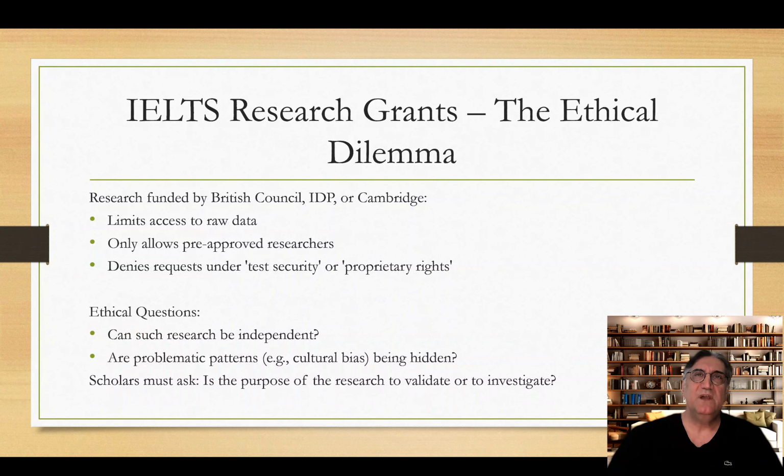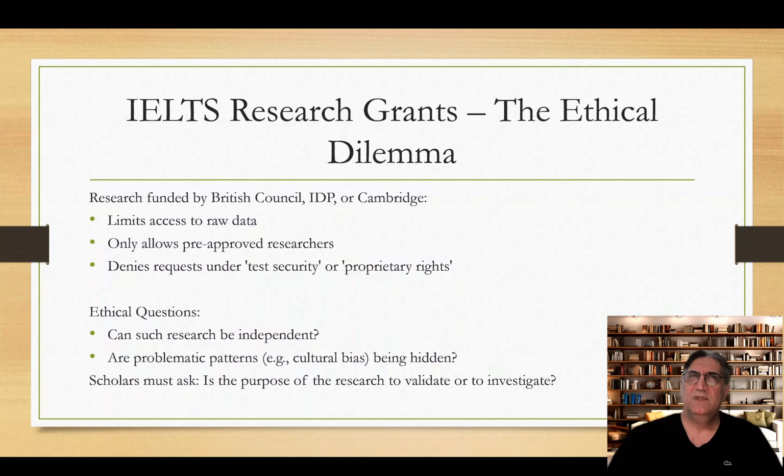Let's zoom in on research funded by British Council, IDP, or Cambridge Assessment. These entities fund research and provide grants, but they heavily restrict access to the raw data. Only pre-approved researchers, often with ties to the organization, are granted access. They cite test security or proprietary concerns to deny data access.